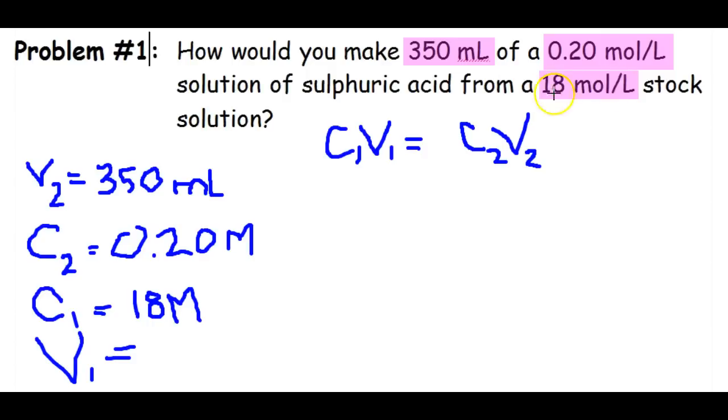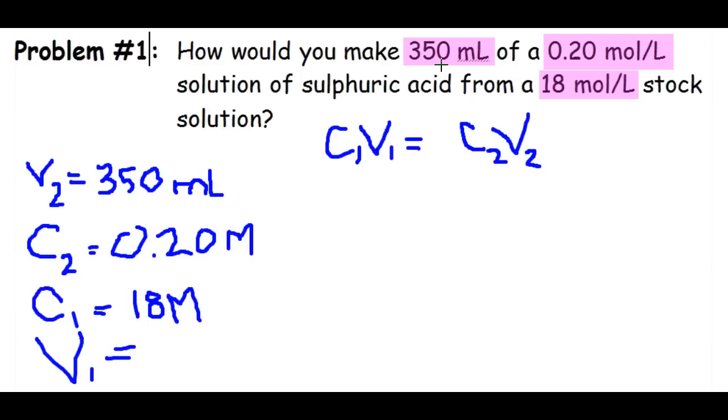So it's going to be a small amount. And then dilute to a volume of 350 milliliters with distilled water, right? So I'm going to expect that my volume of my 18 mole per liter solution is going to be a whole lot less than 350 milliliters. And if it's not, then I've made a mistake somewhere along the lines here.